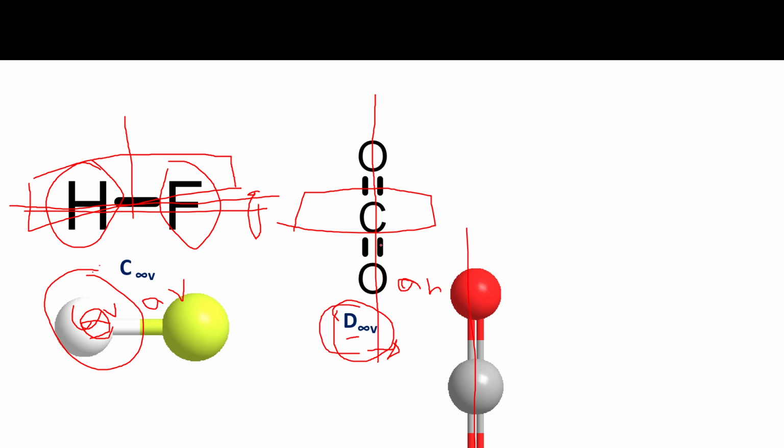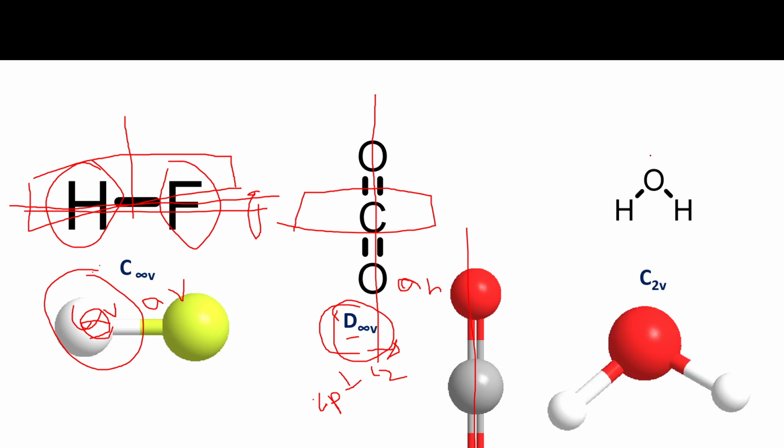So here multiple principal axes are present, like an infinite number of principal axes. And the D term comes where your principal axis is perpendicular to the C2 axis, then D will come in the point group name.